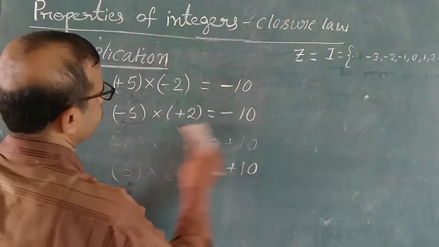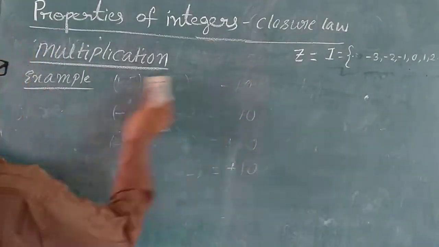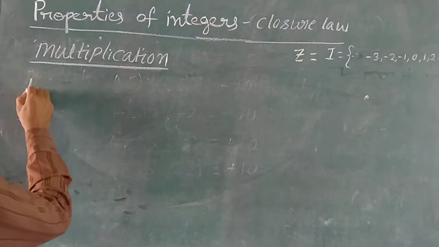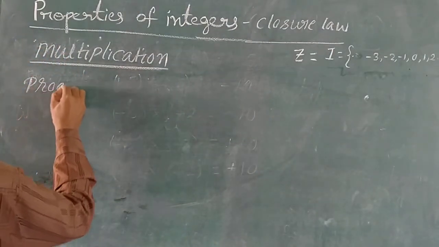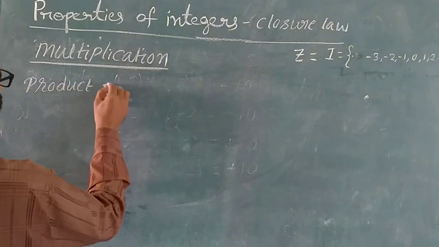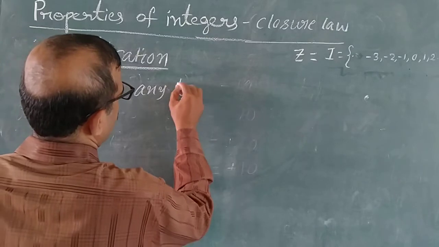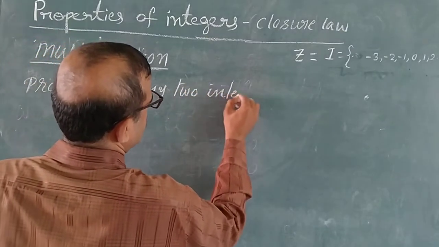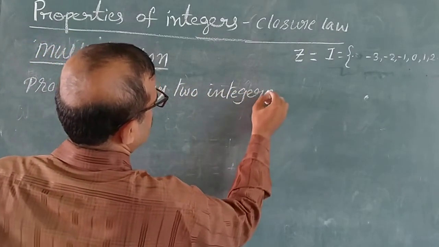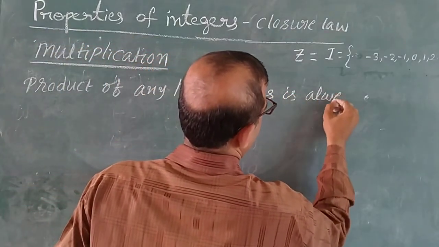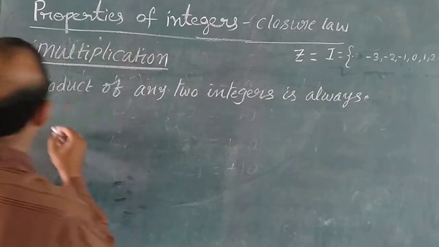The product of any two integers is always an integer.